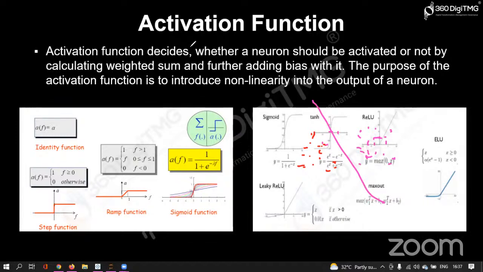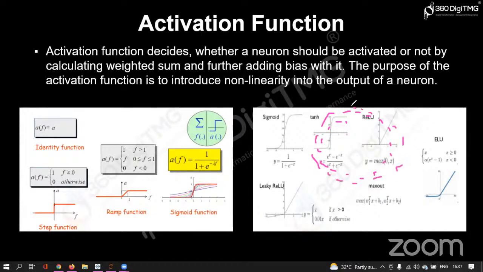But when you have something like this, one and this one, in that case it is non-linear. How do you classify? In that case, we'll be using the activation function. The purpose of the activation function is to introduce non-linearity into the output of the neuron.